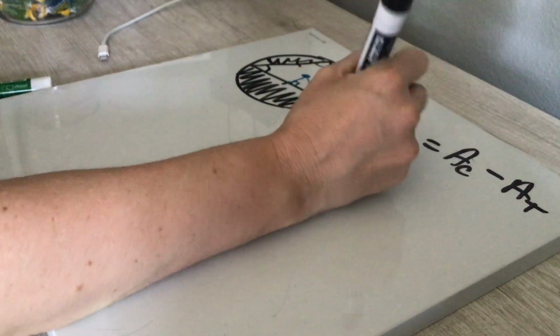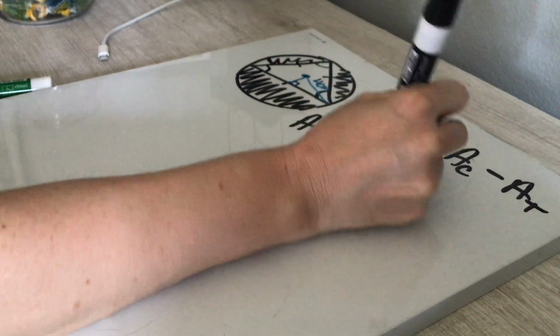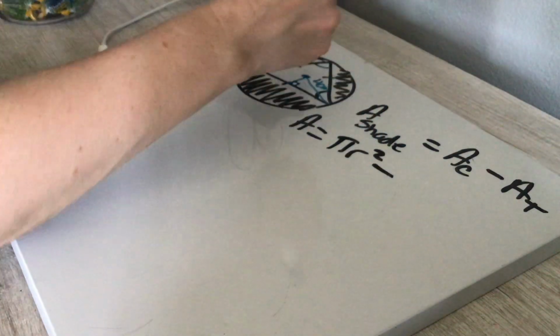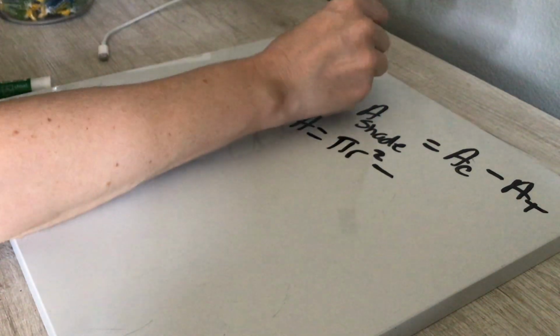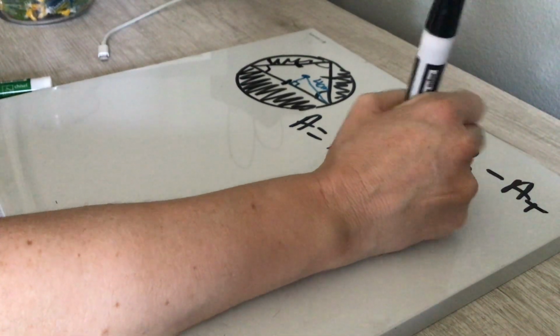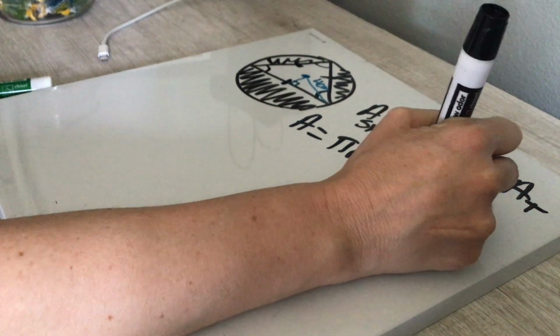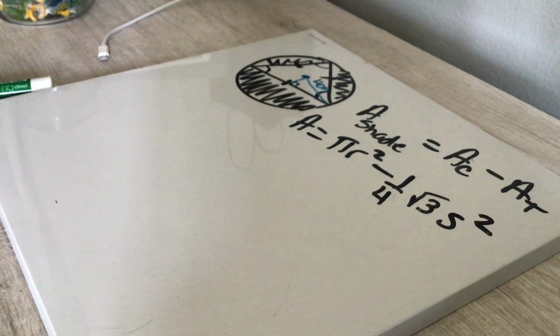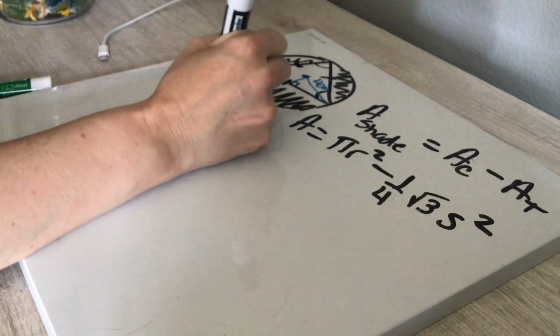The area of a circle is pi times the radius squared. The area of an equilateral triangle, which is what this is, because you have the marks to show us all sides are the same, is going to be 1/4 times the square root of 3 times a side squared. All right, so then we can start with what we know.